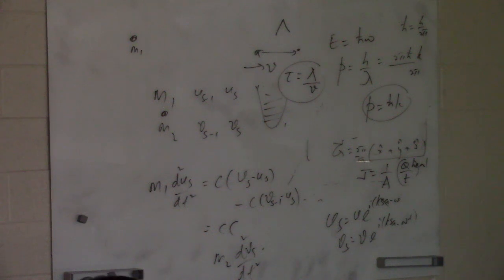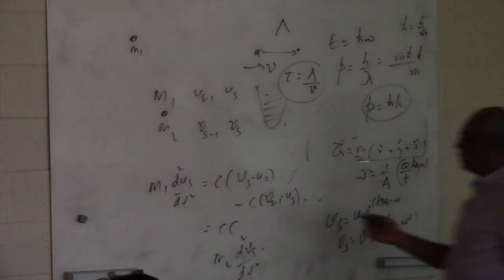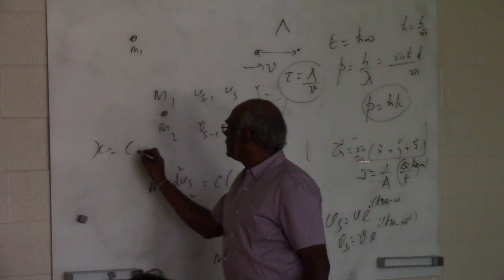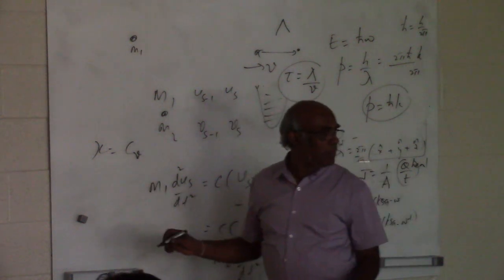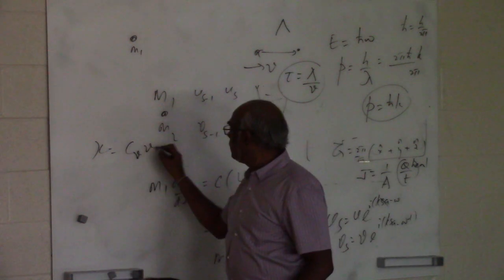So you will get Cv v gamma times delta T over delta x. Now if you compare these two equations, you have the same J, so K is basically the heat capacity Cv times v times gamma.